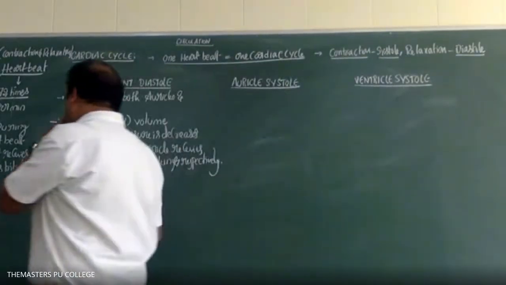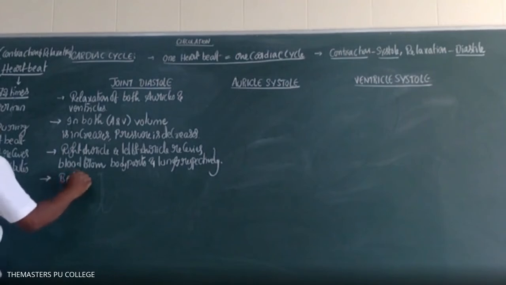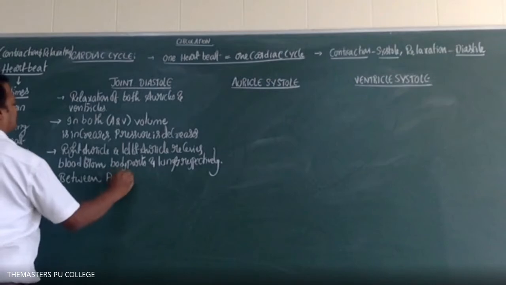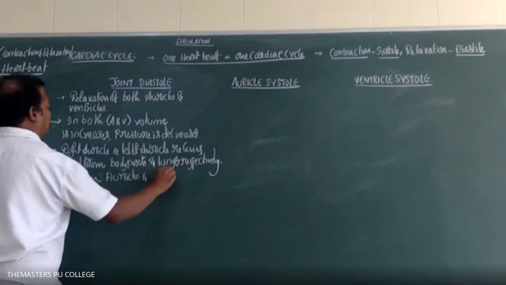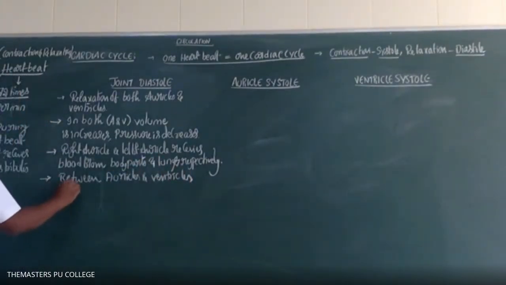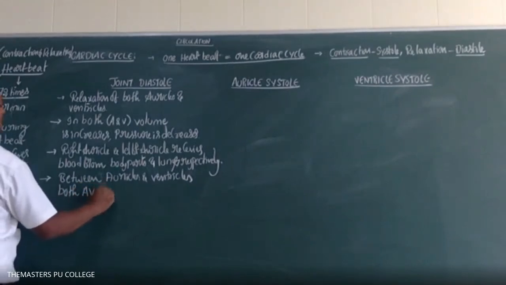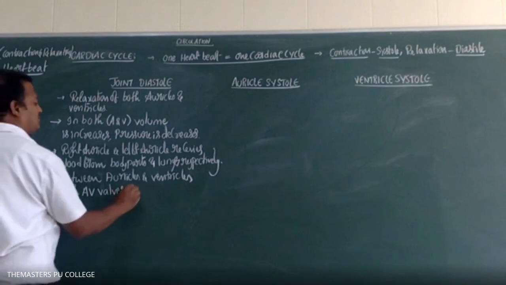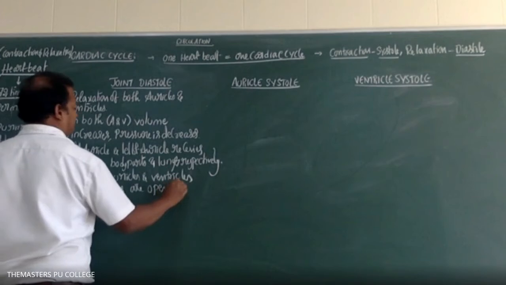Okay, next point, write down. Between auricles and ventricles, both AV valves, tricuspid and bicuspid, are open.